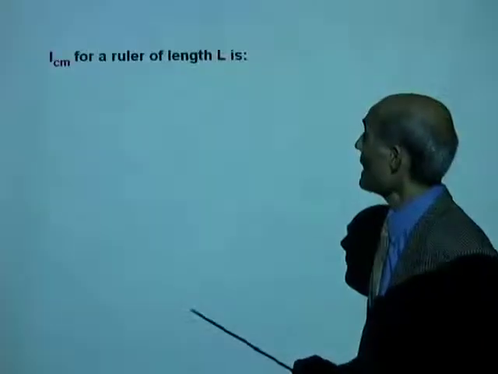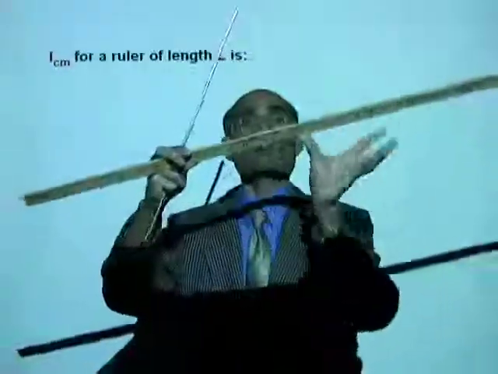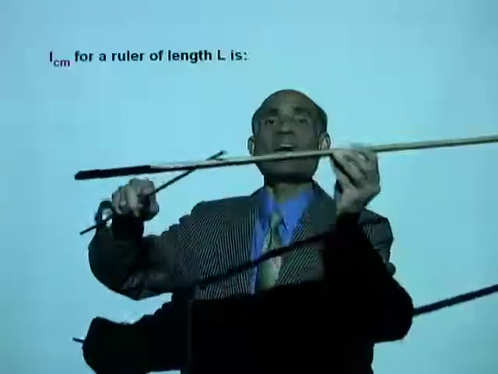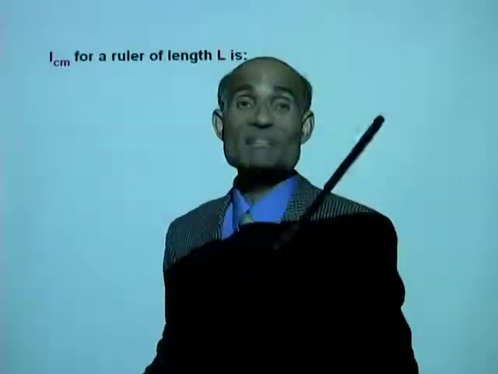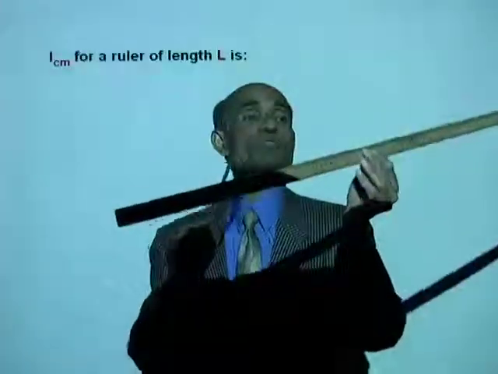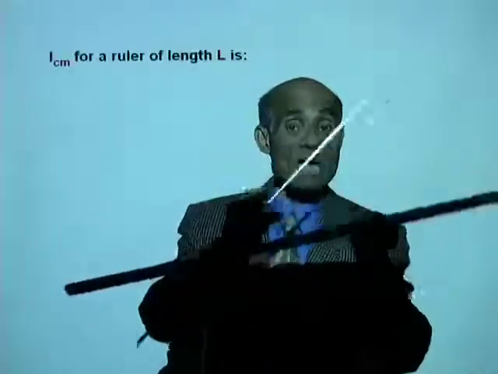Okay. Another one. What is the equation for the moment of inertia of a ruler like this, which has a length L and a mass M? The I center of mass. What does I center of mass stand for? The moment of inertia about an axis through its center of mass.